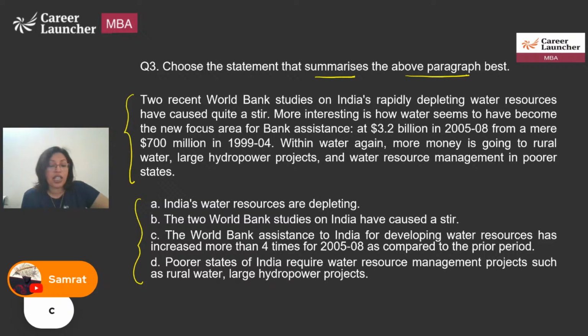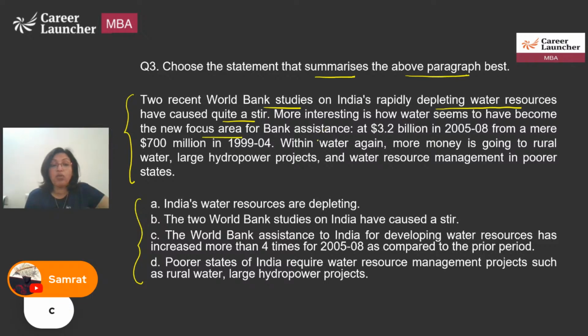The passage here says two recent World Bank studies, there are two studies on India's rapidly depleting water resources, have caused quite a stir. So something is happening, right? What is happening? More interesting is how water seems to have become the new focus area for bank assistance.